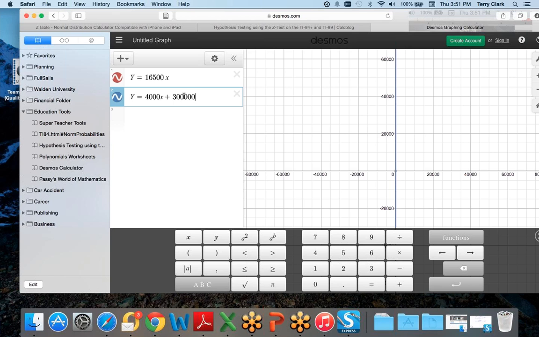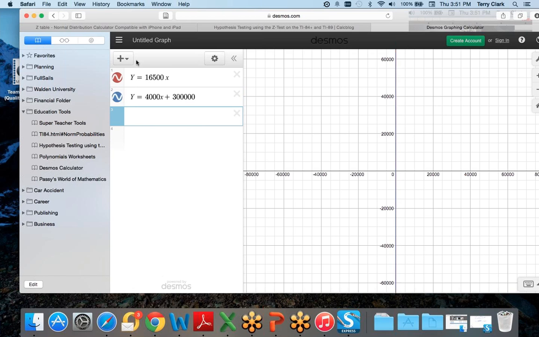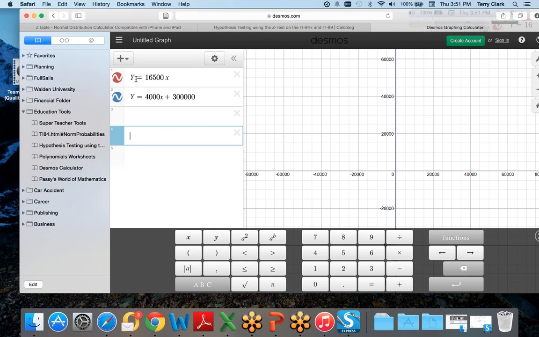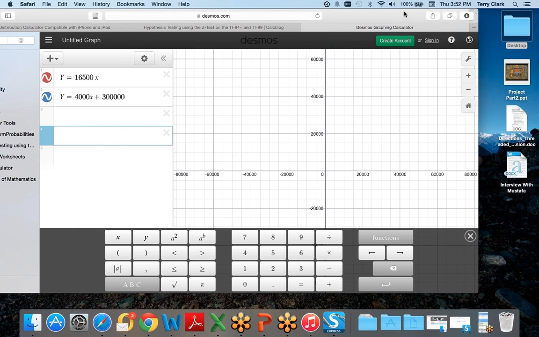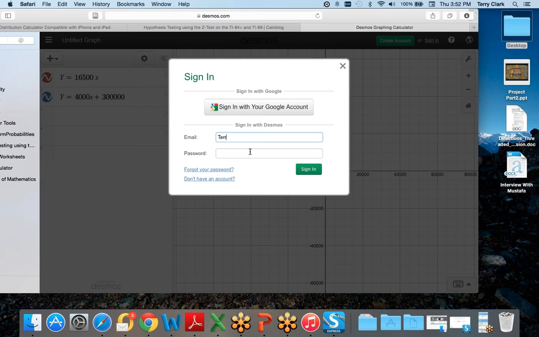Okay, now that's supposed to be lighting up. Now that's supposed to graph. All right, let's do this. For some reason it's not responding.